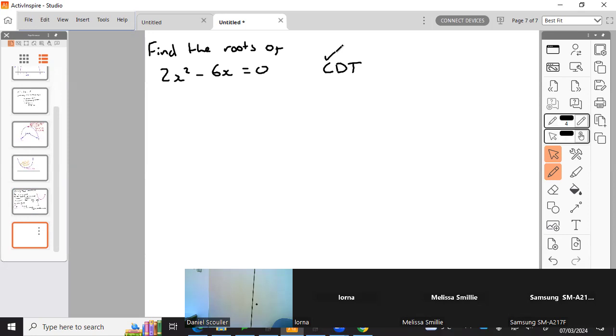Remember, a common factor is something that goes into each of the terms. Is there something that I can put into that term and that term, or remove from that term, that's common? So I can remove the term 2x, and I can put in the bracket x minus 3.